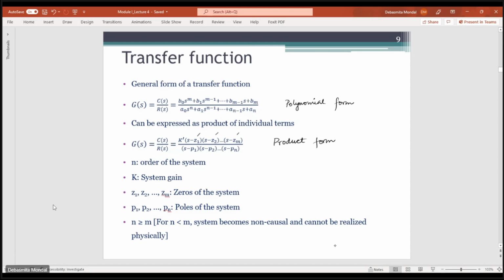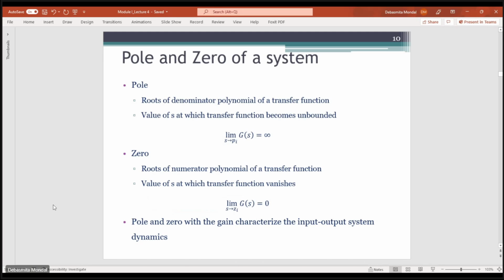So in all the control systems we will be dealing with, you will see that the number of poles is greater than or equal to the number of zeros. Okay, are there any doubts till now?